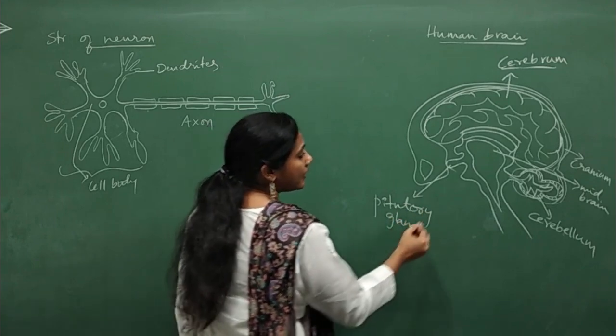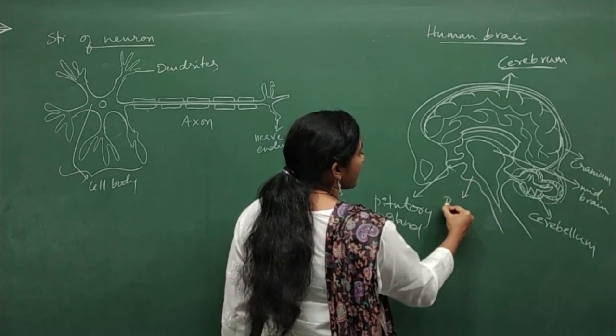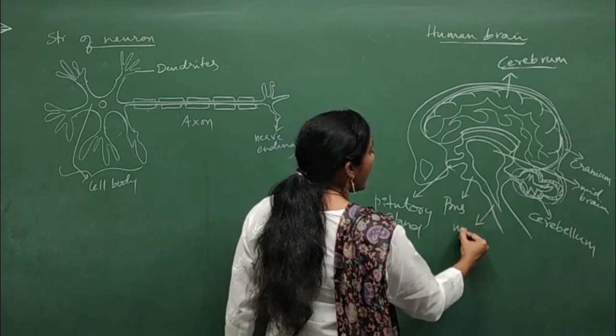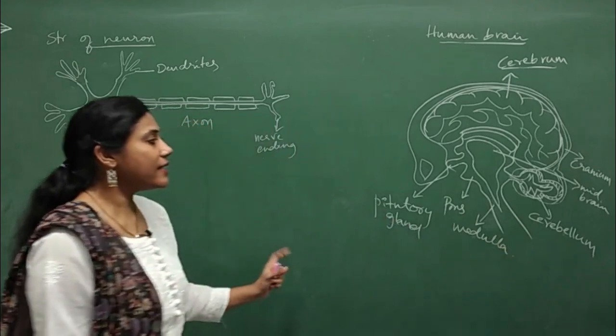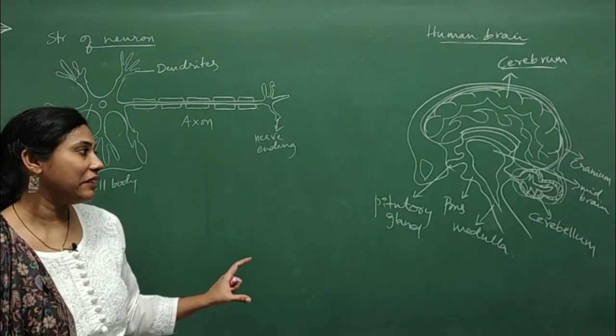Pituitary gland. Clear? And now coming here, this is the pons. You can take it as the pons, and this is your medulla oblongata, or you can just write it as medulla. So these are the different important parts of the human brain. Clear?